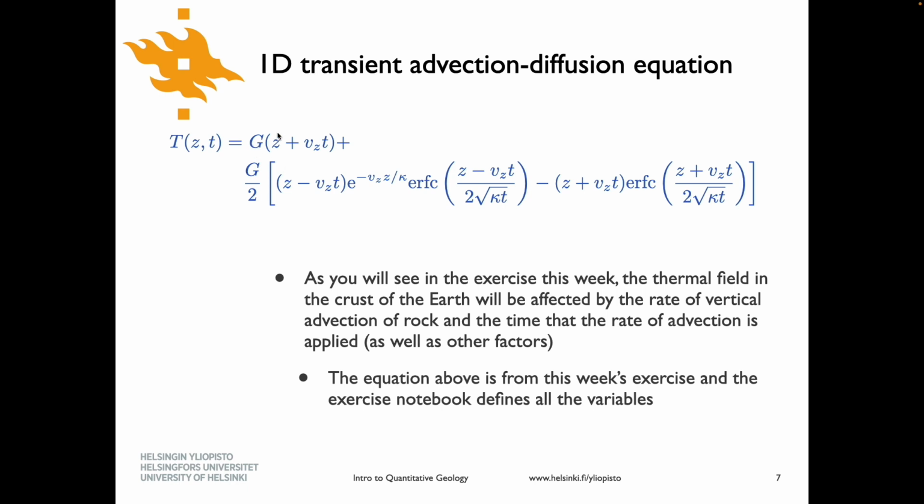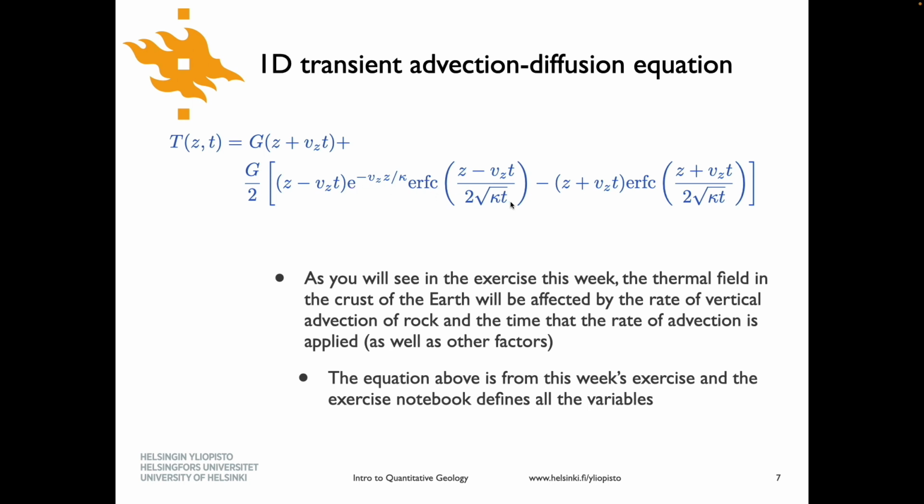So you end up with a first term here that has an initial temperature gradient that you assume, and then you've got some depth plus the advection velocity times how much time has passed, and then another kind of term here that has this complementary error function in there. That is one of the terms you've got to deal with.